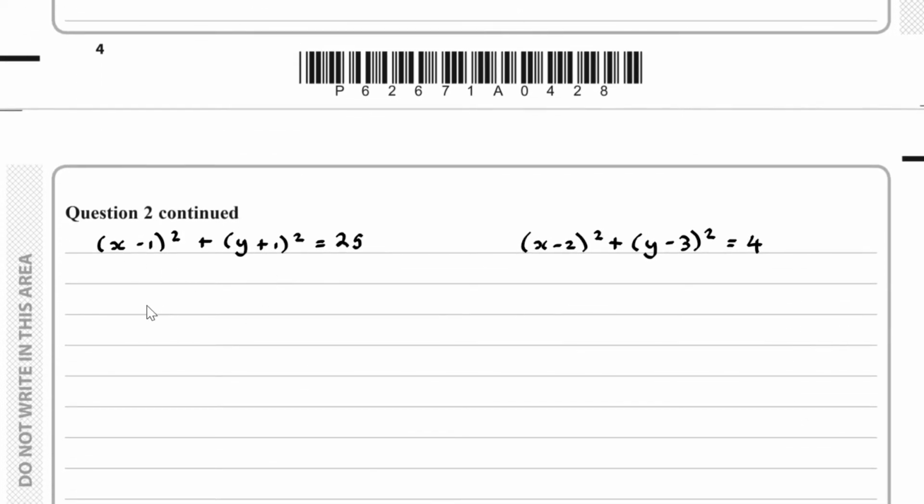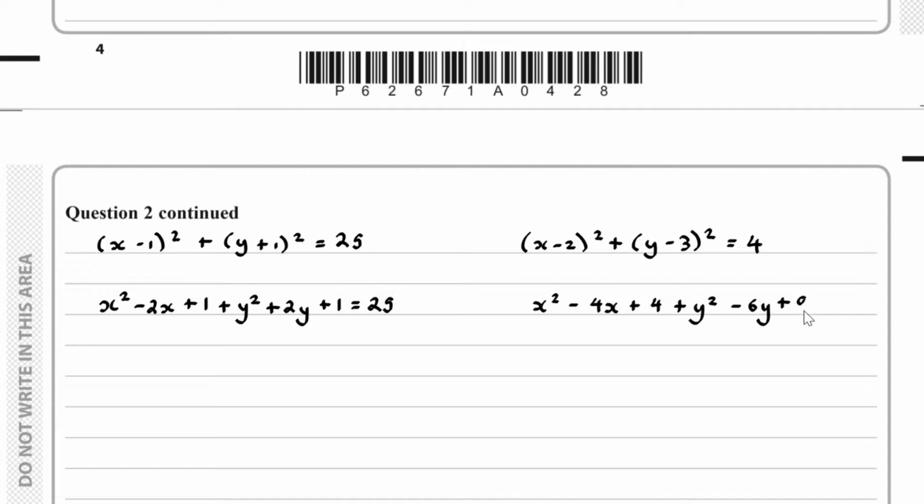So now if we expand this equation, you can see we've got x squared minus 2x plus 1 plus y squared plus 2y plus 1 equals 25. And here we've got x squared minus 4x plus 4 plus y squared minus 6y plus 9 equals 4.